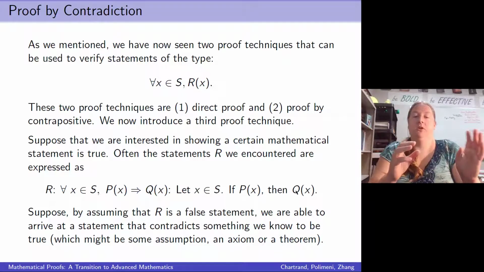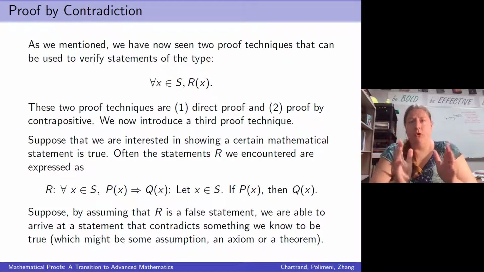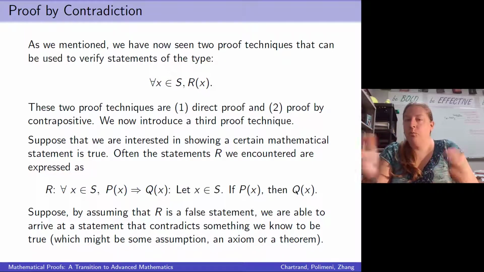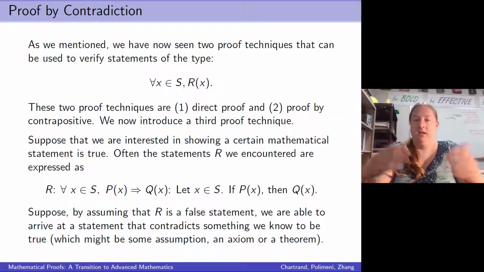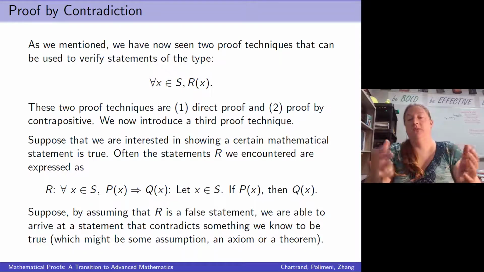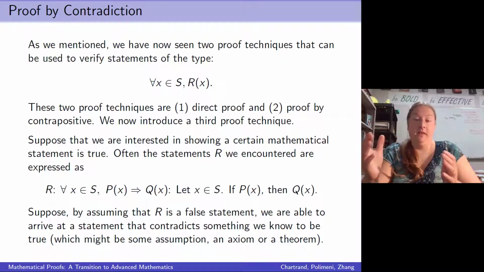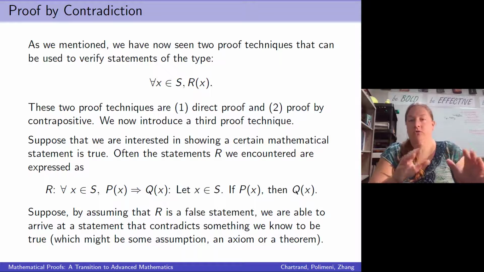So we have the statement R is for all X in S, P of X implies Q of X. And the way we say that is let X be an element in the set, then if P of X, then Q of X. So in direct proofs and proofs by contrapositive, we were always working from P to Q, always working towards showing that R of X is true.